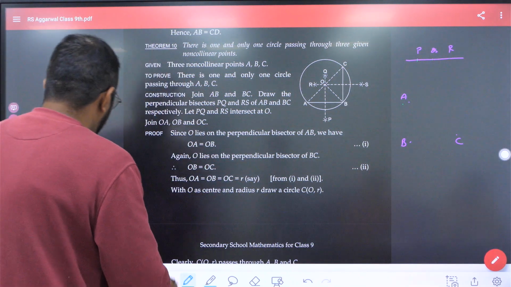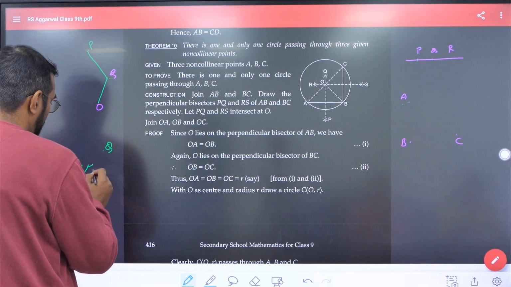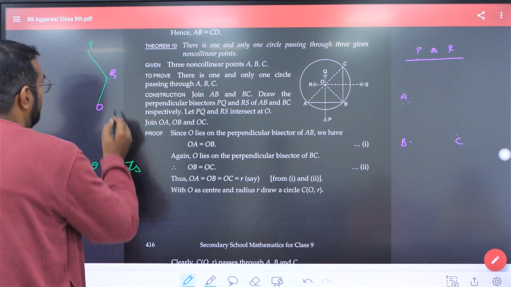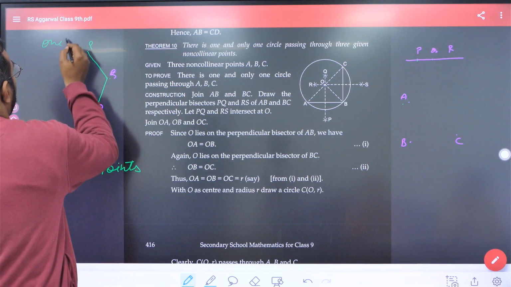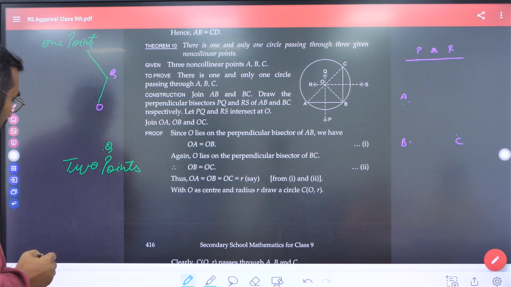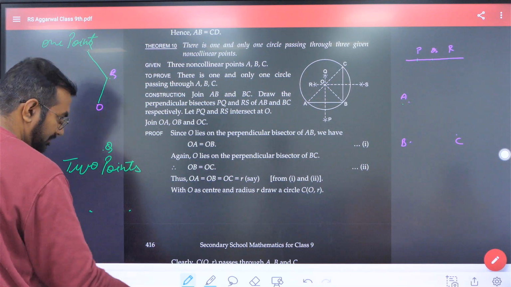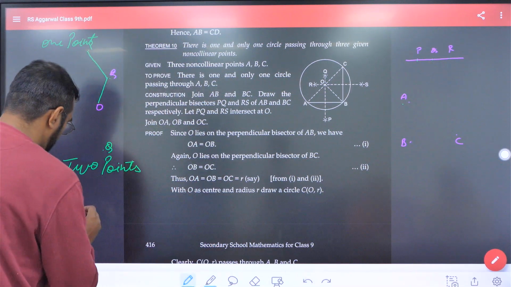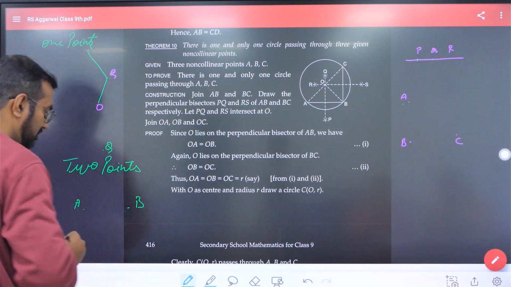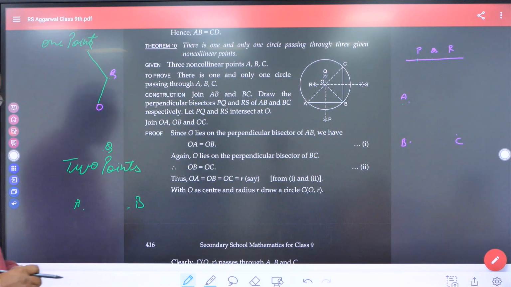Let's move to two points. This one was about one point. Suppose anyone asks, there are two points A and B. Then how many circles can pass through these two points?